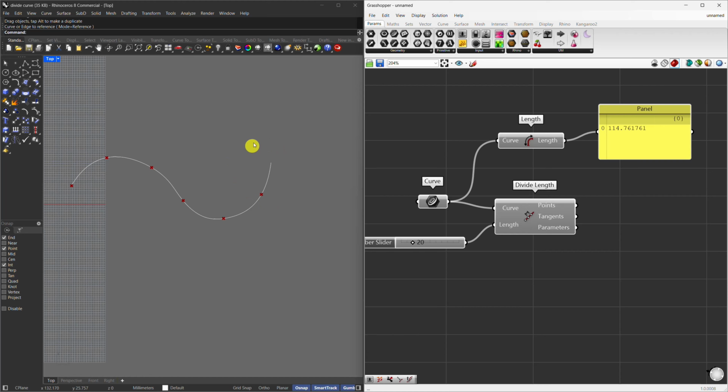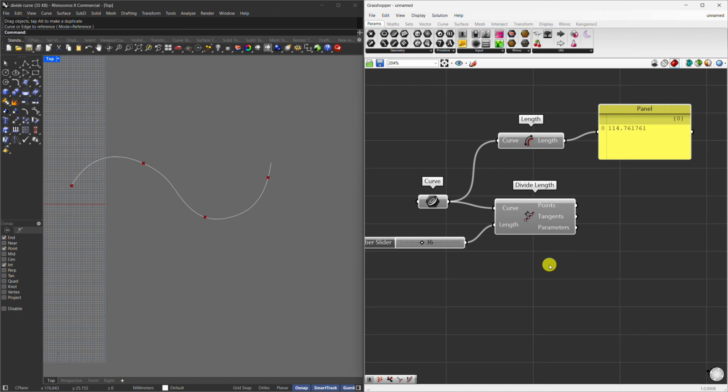It will not divide the full curve. Whatever it is, that's the balance. As you can see, it is going nearby as you increase the distance. So we have 36, 36, 36, then whatever is balanced. So when your panel size is fixed, you will use divide length.